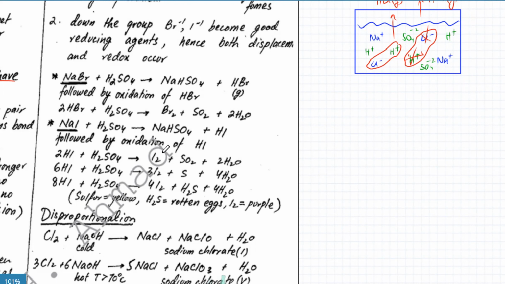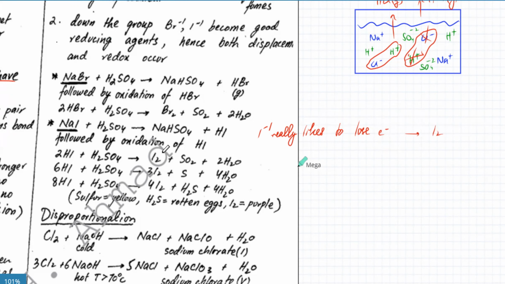So here what's happening is that our I-1 really likes to lose electrons. And it eventually turns into I2.